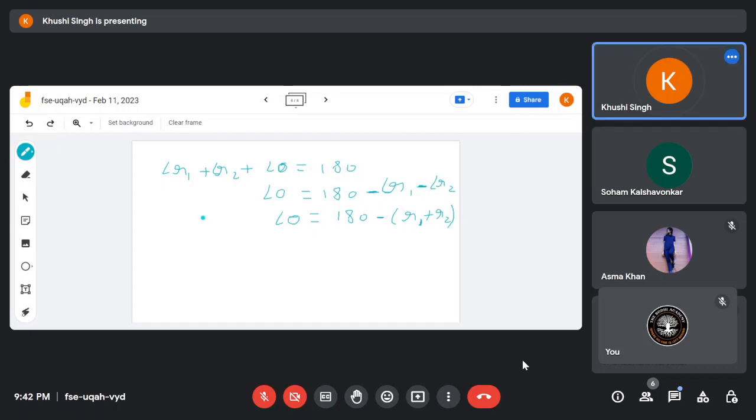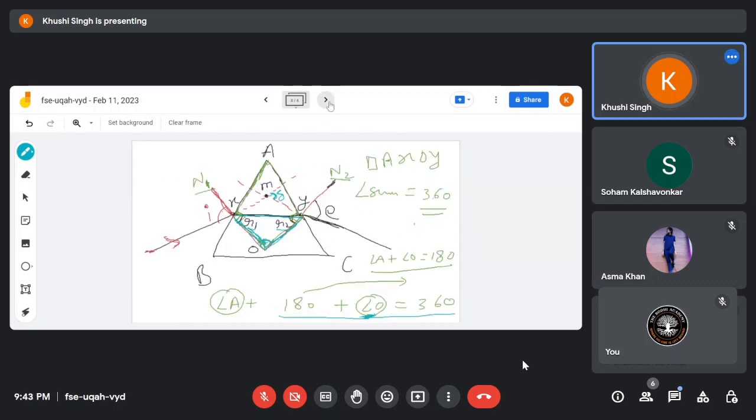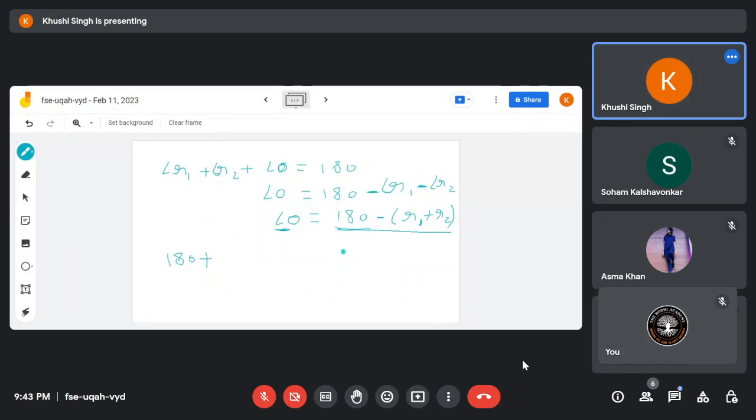Okay. Now listen carefully. My angle O is equal to 180 minus (R1 plus R2), right? Can I replace this angle O in my previous statement? Angle O is here, circled. I'll replace angle O with 180 minus (R1 plus R2) in my previous statement and rewrite it: 180 plus angle O, and angle O is 180 minus (R1 plus R2).